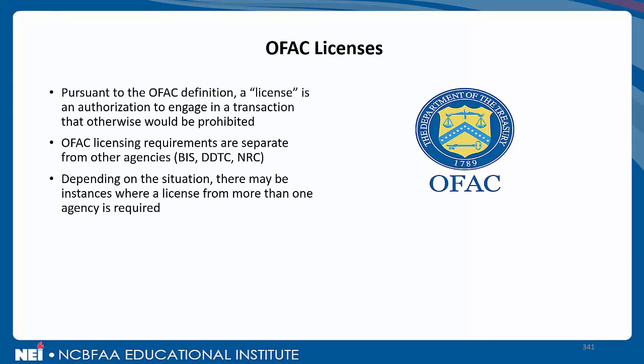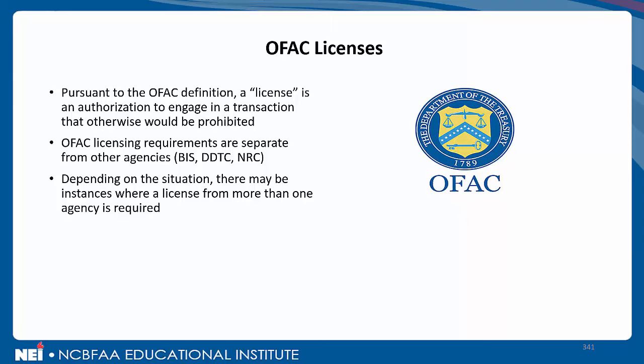First off, pursuant to the OFAC definition, a license is an authorization to engage in a transaction that otherwise would be prohibited. Important to note in our second bullet point, OFAC licensing requirements are separate from other agencies, from BIS, DDTC, NRC, etc. Depending on the situation, there may be instances where a license from more than one agency is required.